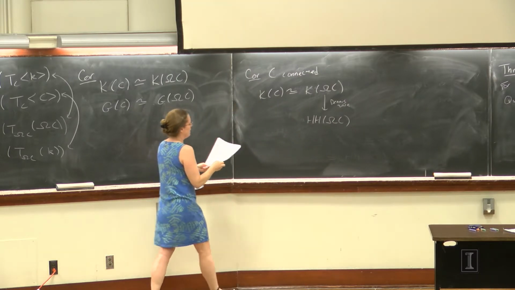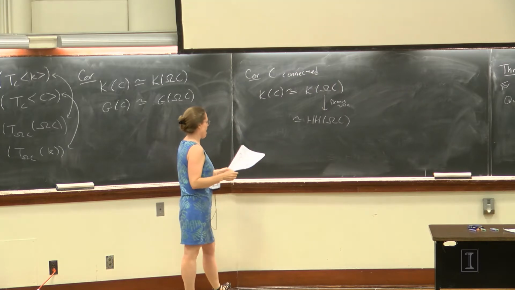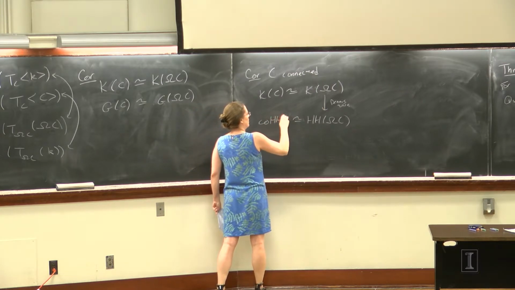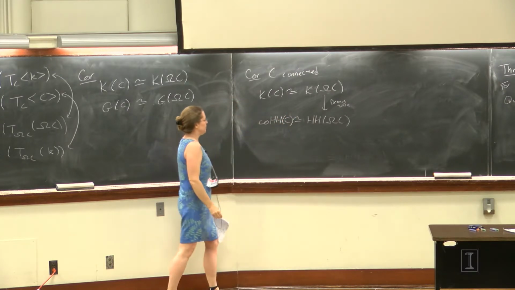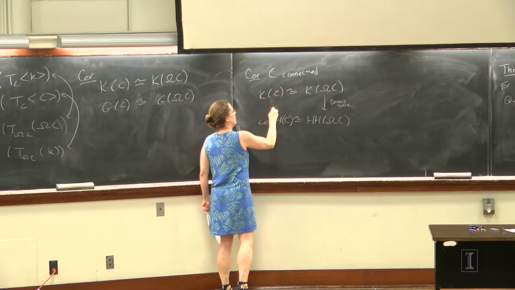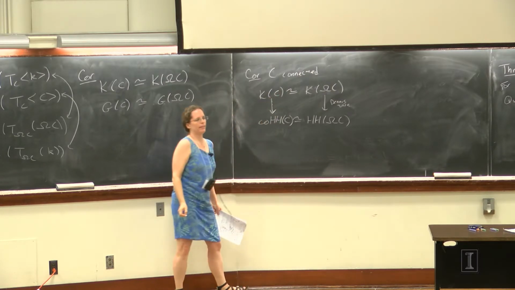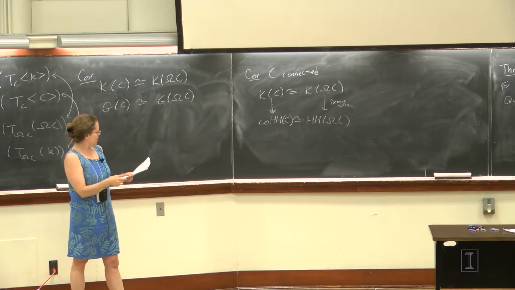The identification that I just erased is that the Hochschild homology on the cobar construction is quasi-isomorphic to the co-Hochschild homology on C. And therefore we get our trace map from the K theory of a coalgebra to the co-Hochschild homology of the coalgebra.